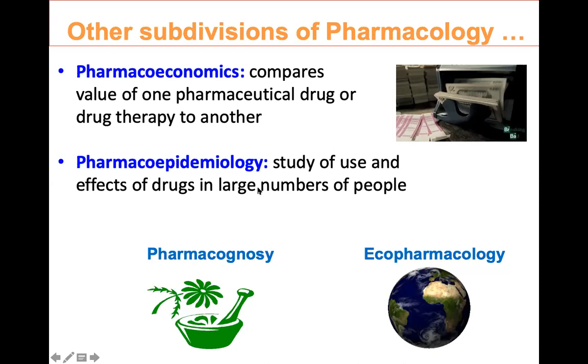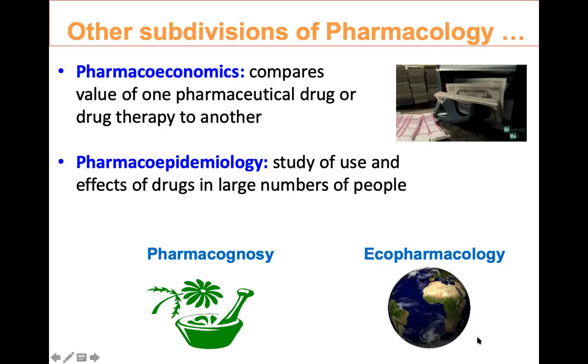Then we have pharmacoepidemiology, which studies the use and effect of drugs in a large number of people. So the epidemiological studies of drugs in a larger population are known as pharmacoepidemiology. Then the other branch is pharmacognosy, which deals with the study of the effect of various plants and minerals on the body.